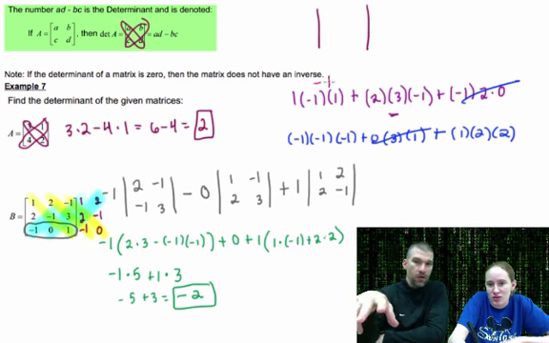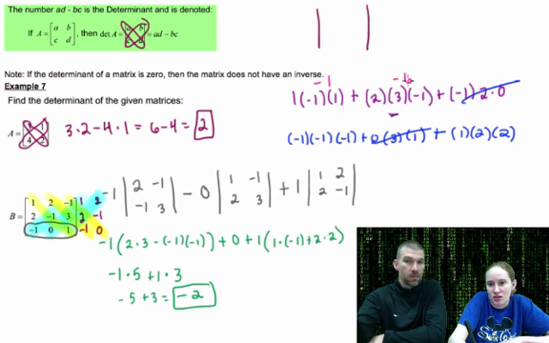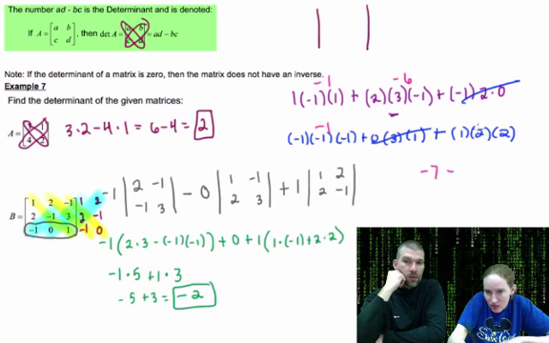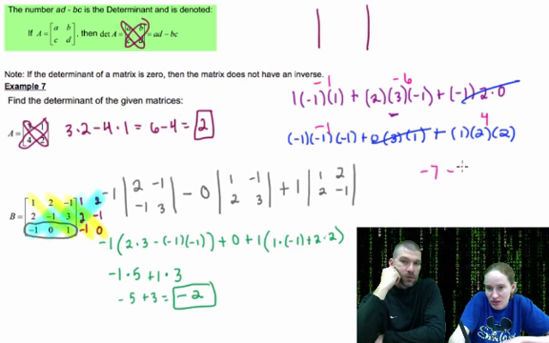So this is -7 minus, this is -1, that's plus 4, so that's 3.